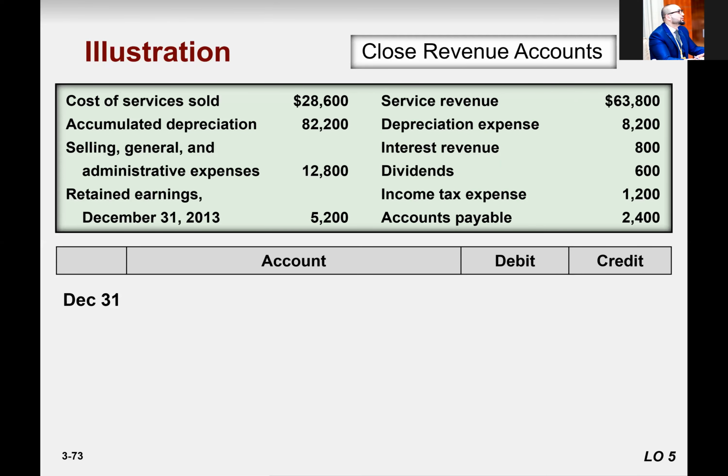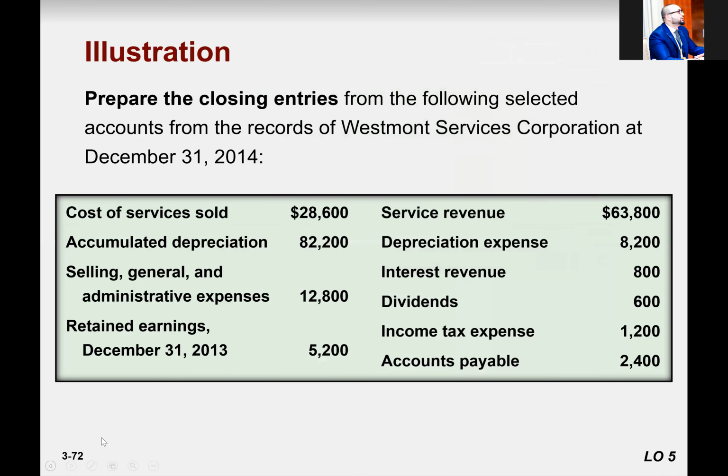Okay, guys, welcome back. So here we go. We need to close all the accounts here. First of all, let's identify which account belongs to the closing entry.